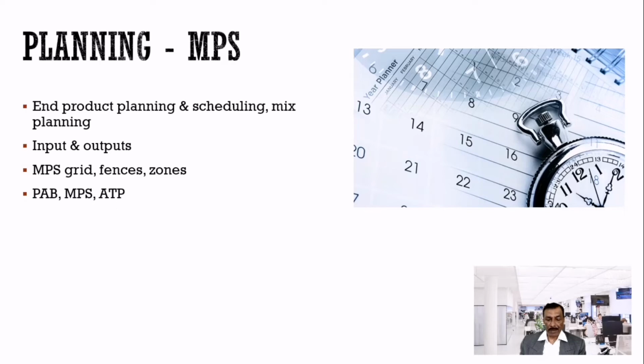We also have one more advanced level called CTP, capable to promise. There it is going to check the capacity of our resources and then make promises. Of course, MPS is used mostly in the manufacturing environment.